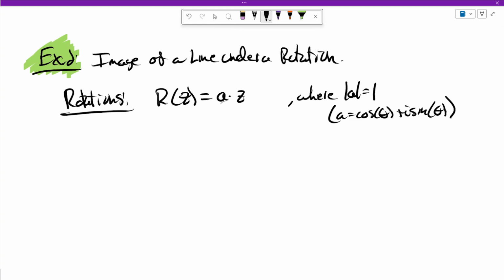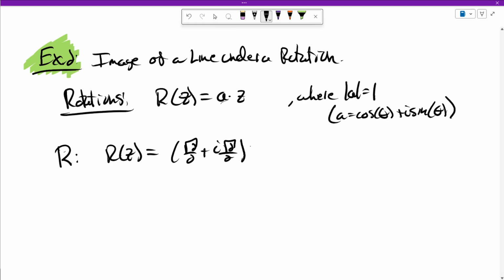Okay, so what rotation are we going to do? We're going to use the rotation which is the following. It's going to be the multiply by root 2 over 2 plus i root 2 over 2 function. And our line, L, is going to be the real axis. Now if we think about this for a second, this is exactly cosine pi over 4 plus i sine pi over 4.